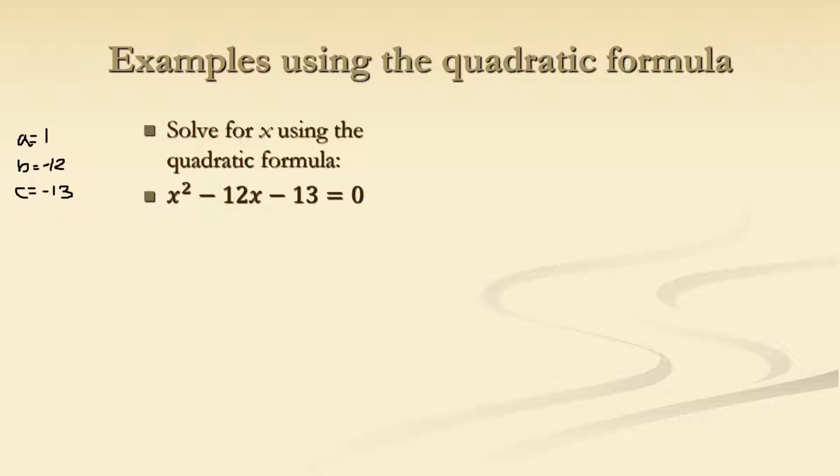That's extremely important. Now, x equals negative 12 plus or minus the square root of negative 12 squared. So when I square negative 12 in my calculator, I get 144.